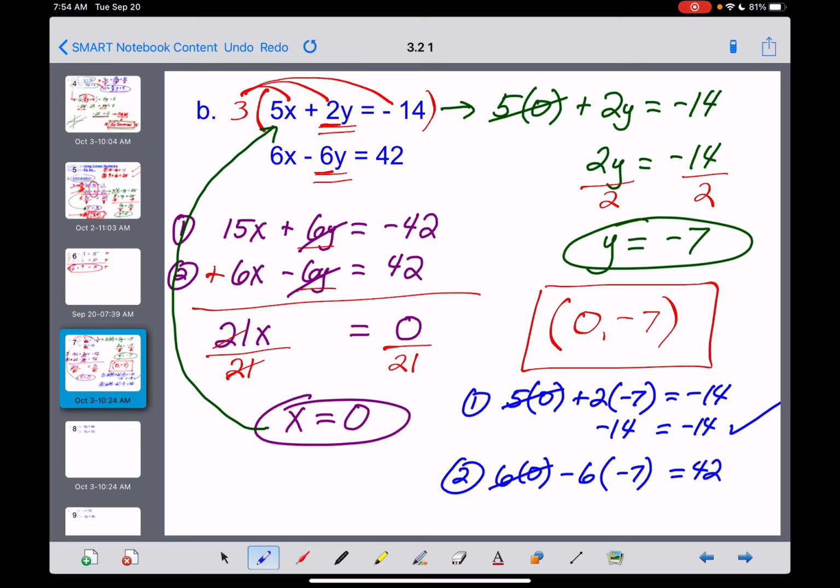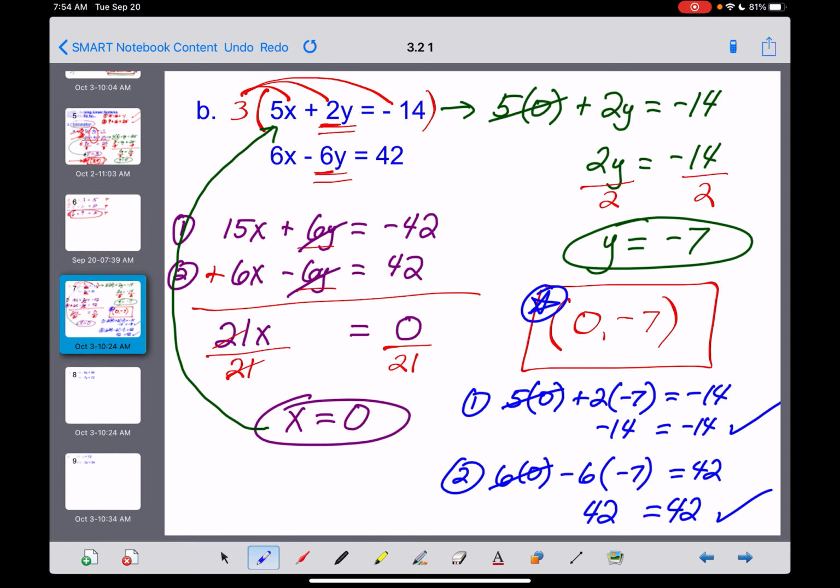Well, again, that's 0. And then negative 6 times negative 7 is 42. Equals 42. Check. That one works as well. So now I feel really confident that this answer we came up with here, 0, negative 7, is the correct solution, the only solution to this system of equations.